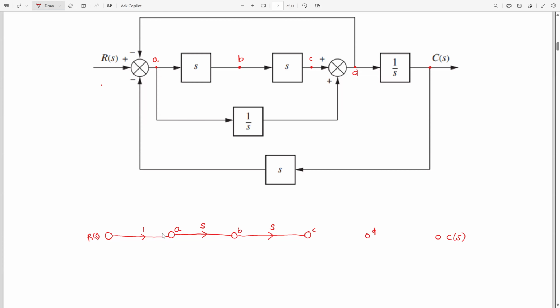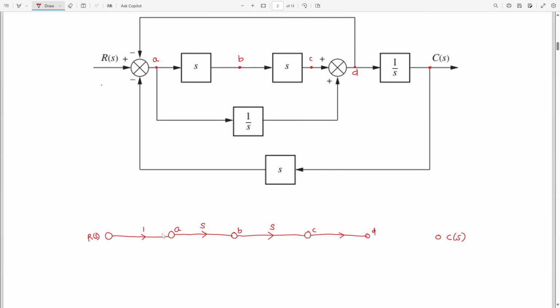Now, the output of this summing junction here is D. It won't make sense to stop here and just connect C to C of S straight. The signal C is an input to this summing junction, so I have to connect C to D and show the direction of the signal.